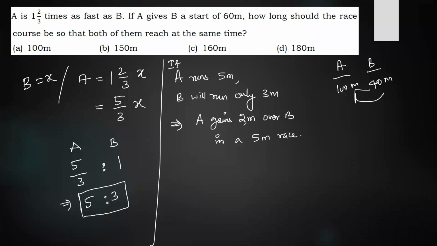For 5, it is 2, right? For 60, what is the value here? Okay, what is the value? Find it. So this is the meaning here, 60 lead. For 60 lead, how much is the value? What is the value? Anyone got the answer?